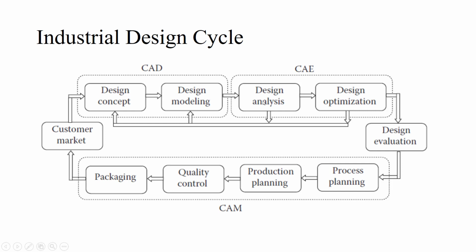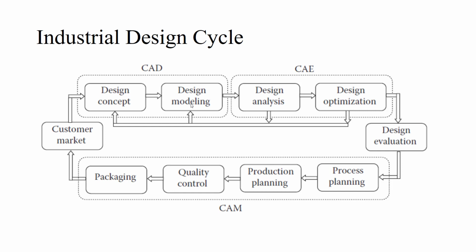And again, if the product fails at the design analysis phase or the design optimization phase, we are going to resend it to either the design concept stage or the design modeling stage. So this is how an industrial design cycle works.